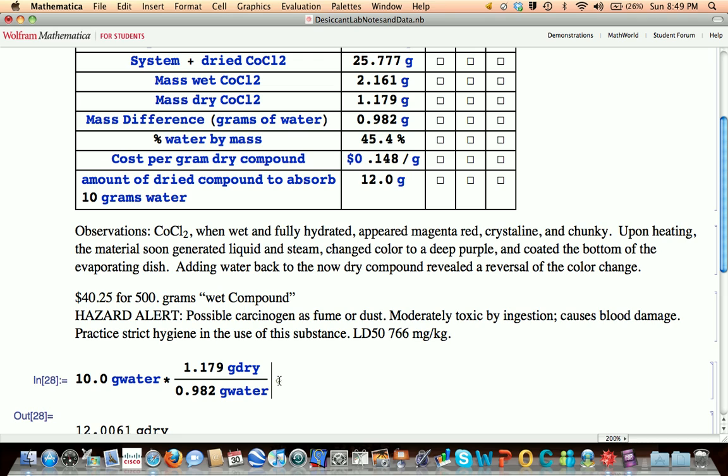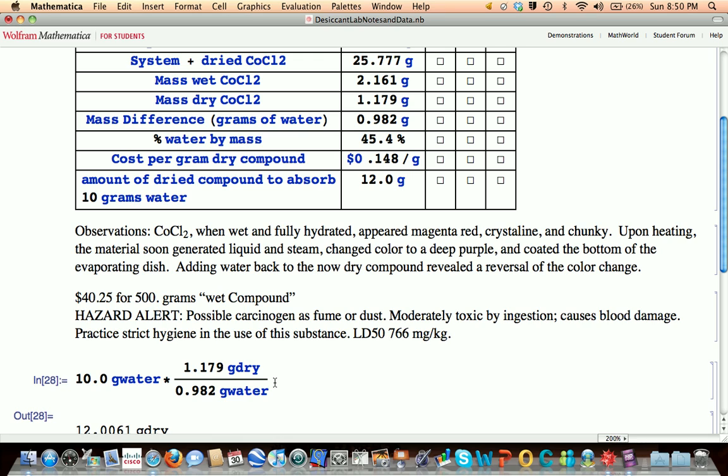Okay. Now let's go one more step further. I think we learned just a minute ago how much that's going to cost me, potentially, right? Because for 10 grams of water, my grams of water have canceled, right? And this number up here was per grams of dry material.